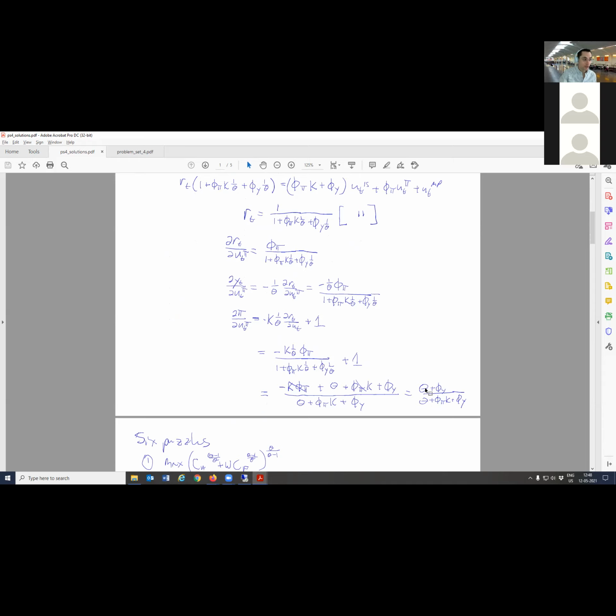But we know from our previous derivative here that the effect on output is negative, right? So it's going to moderate the effect of the positive inflation shock on inflation, because output has a negative effect on inflation. So since that's true, you can see that this thing that we find here at the end is a number between 0 and 1. It's not as large as it would be if output were exogenous. So yeah, that's kind of interesting. That's a good point.